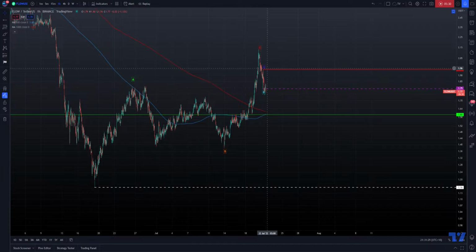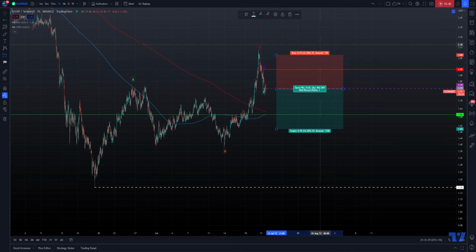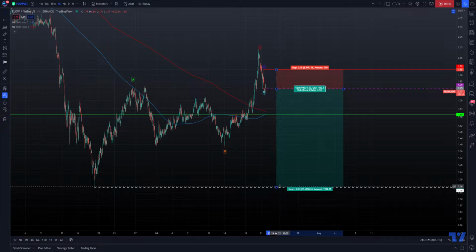So small risk to reward. I mean, good risk to reward. If you want to have a look at what that is, that would be roughly, how can we say this? That's a 3.94 risk reward.